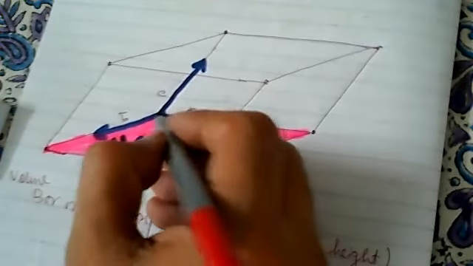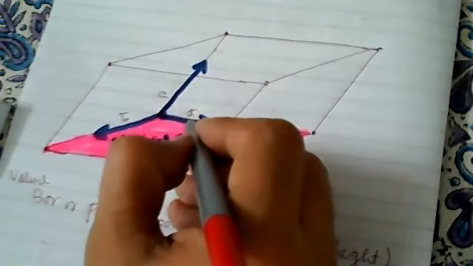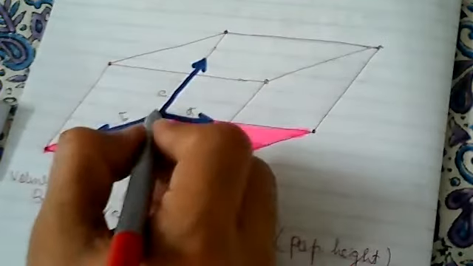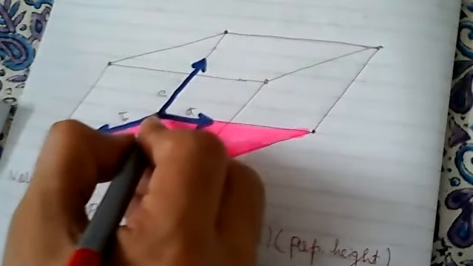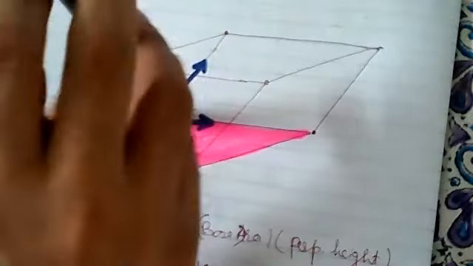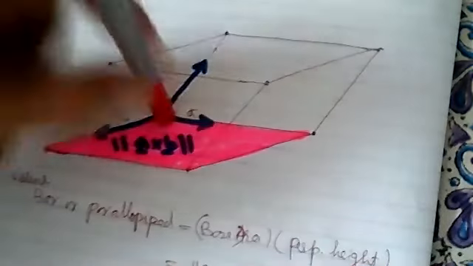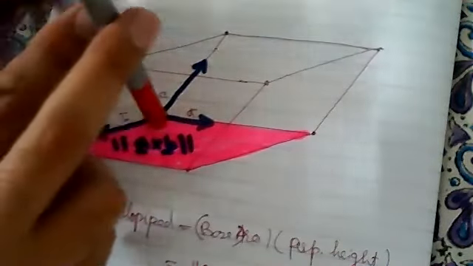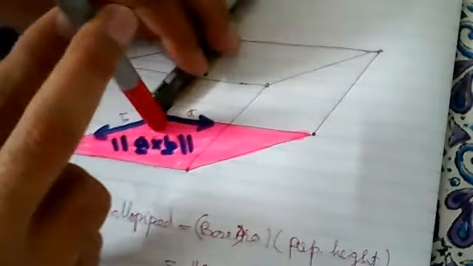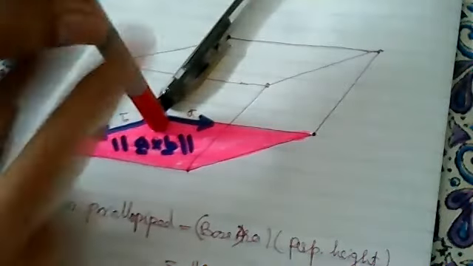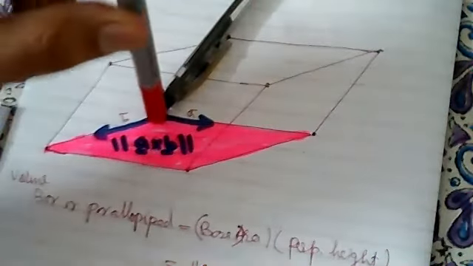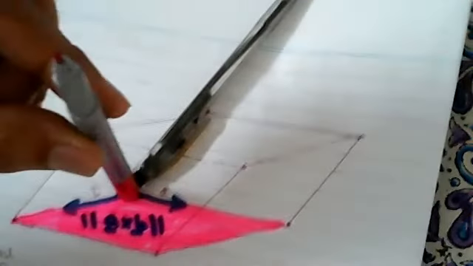This is A, this is B, and their perpendicular, A cross B, will be in this direction. So this is the vector C along this side, and this is the vector A cross B.